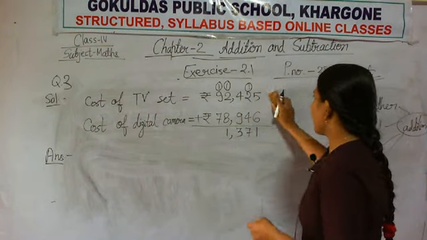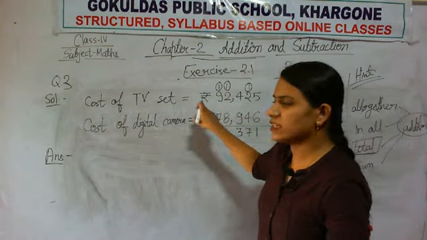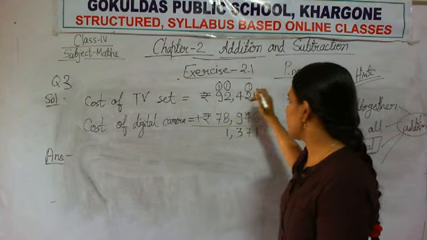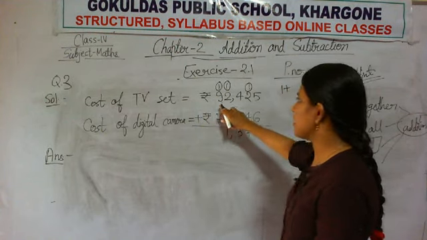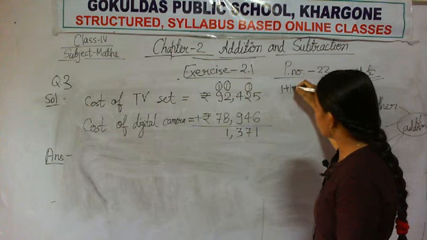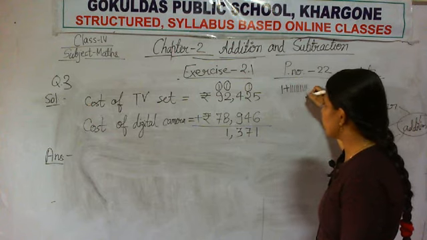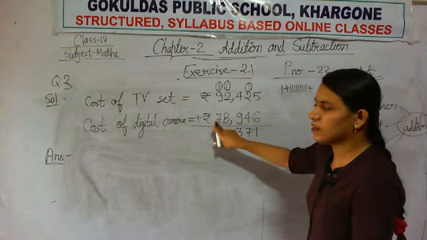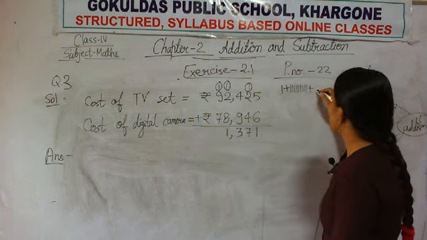Okay. Now add the digits in the last column. The first number is 1, so draw 1 stick, plus the next number is 9. So draw 1, 2, 3, 4, 5, 6, 7, 8, 9 sticks. Plus the last digit is 7. So draw 7 sticks.